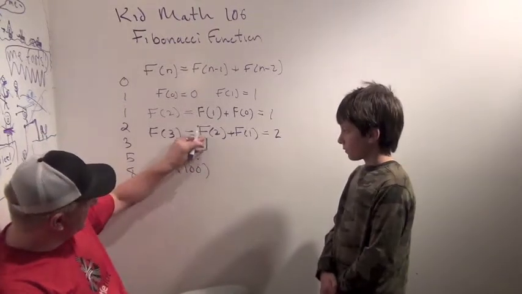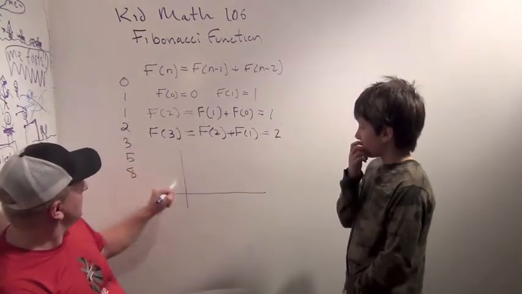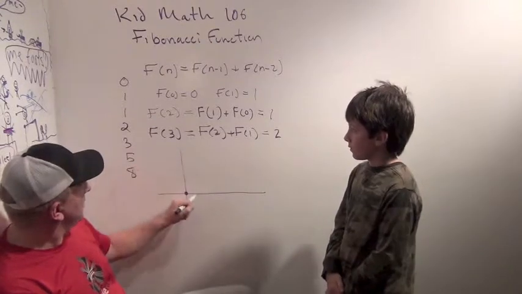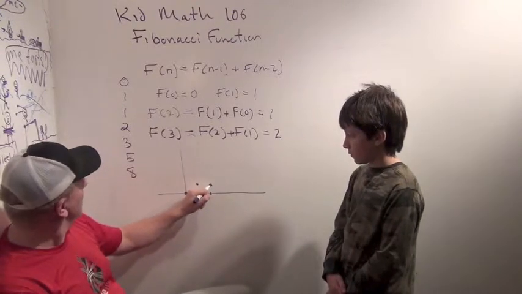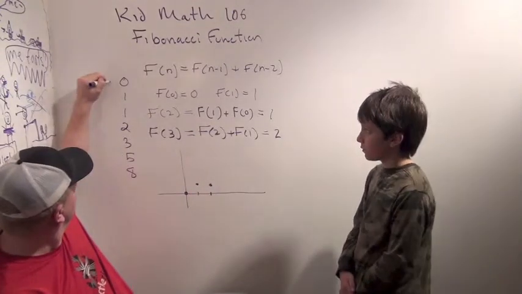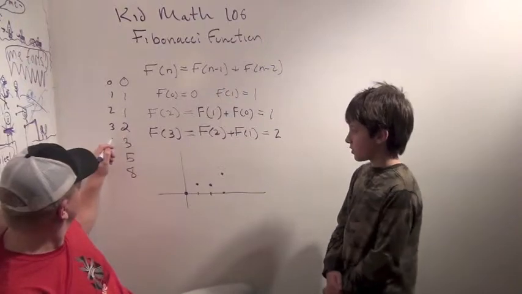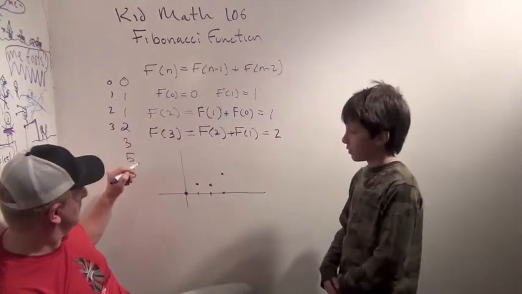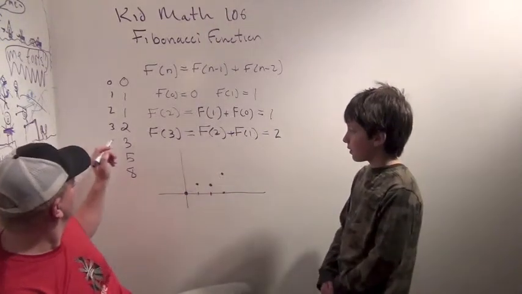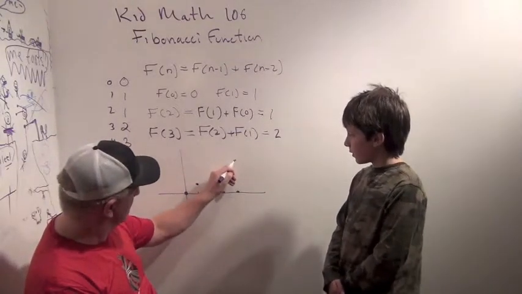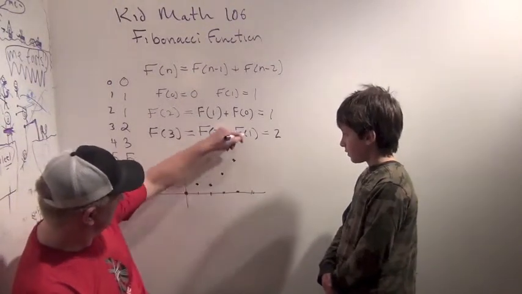And it comes from a very simple idea that if you graph these Fibonacci numbers, f of 0 is 0, f of 1 is 1, f of 2 is 1, f of 3 is 2, f of 4 is 3, f of 5 is 5.